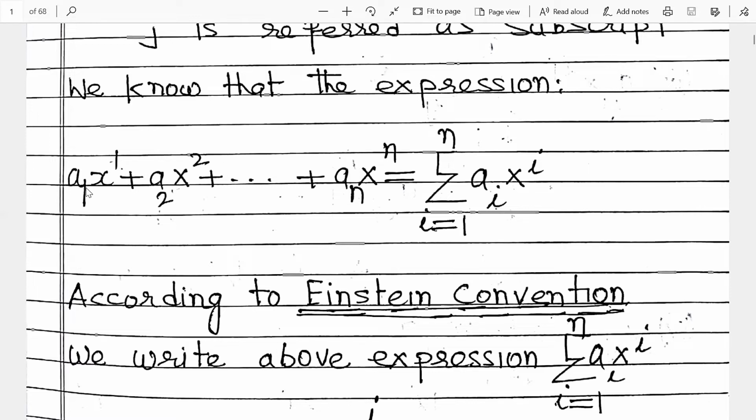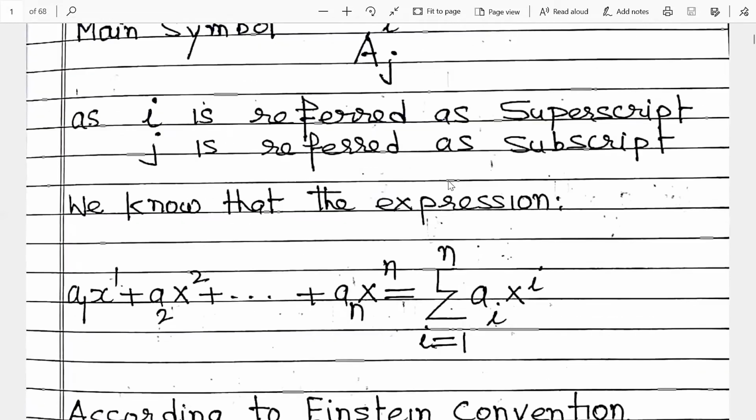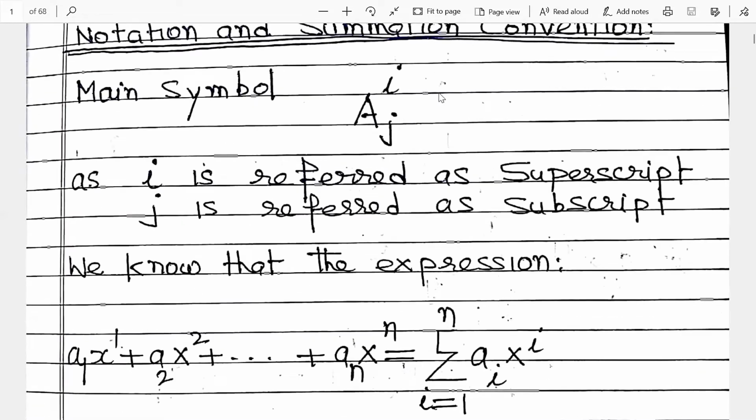So this is a1 into x superscript 1, a2 x superscript 2, an x superscript n, and these 1, 2, 3 are subscripts. As we discussed, this I is a superscript and this J is a subscript.